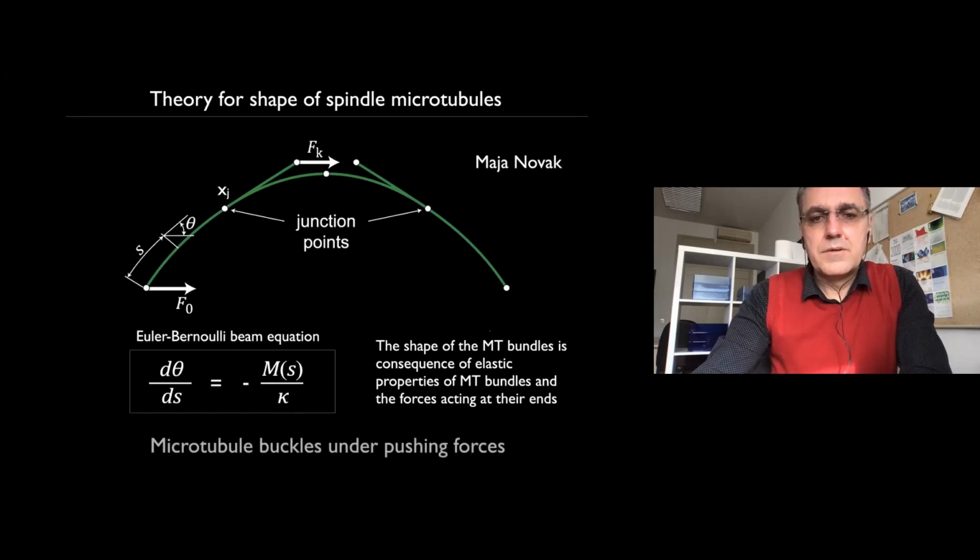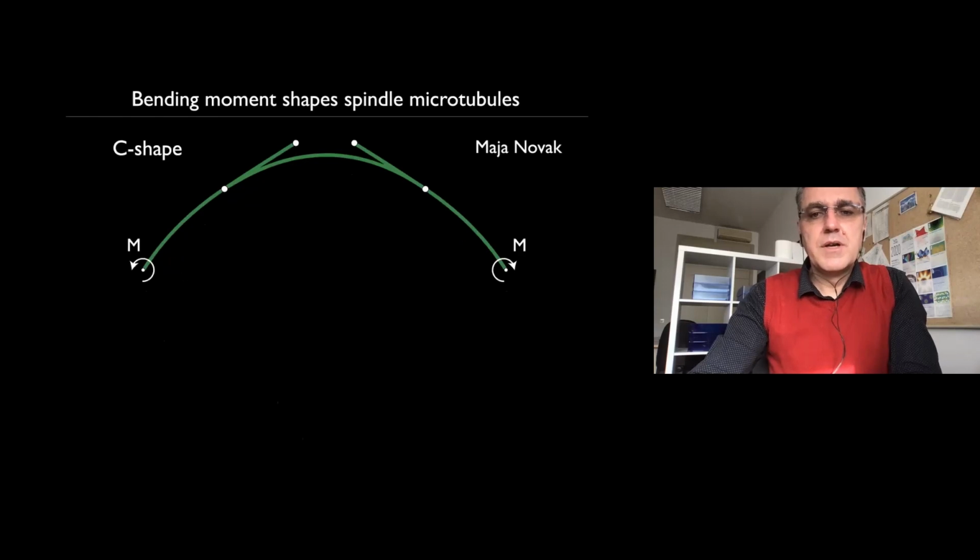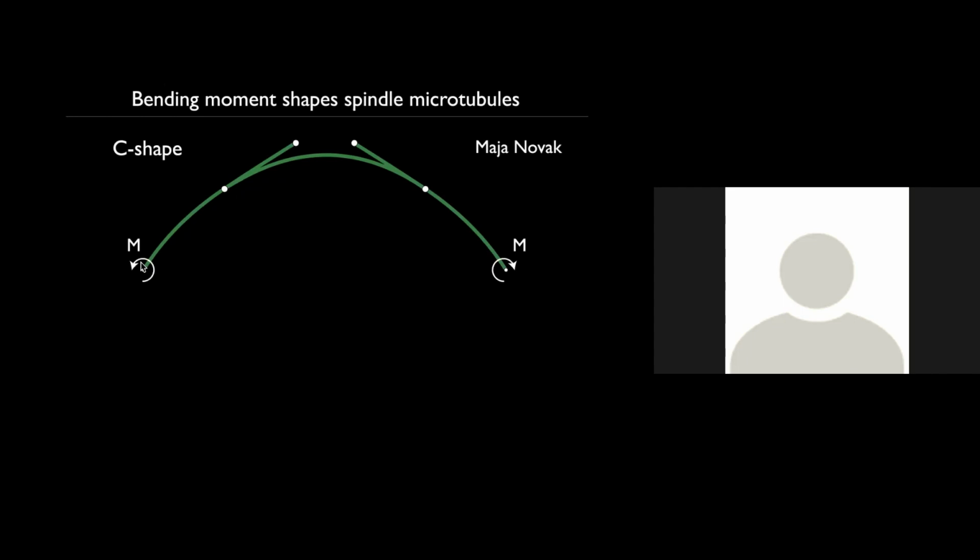And what we can also say is that this shape can be generated in two different ways. One is to assume forces pointing towards the center, and these buckling forces can generate this shape, but this shape can also be generated by bending moments acting on both sides of these fibers.